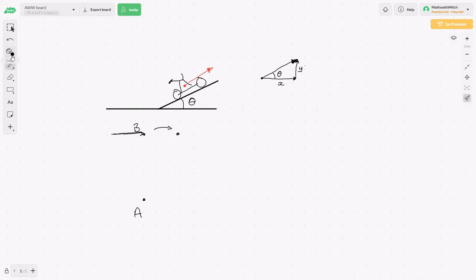So therefore you can look at it and think, if I want to end up directly at B, I'm actually going to have to steer into the direction of the flow.